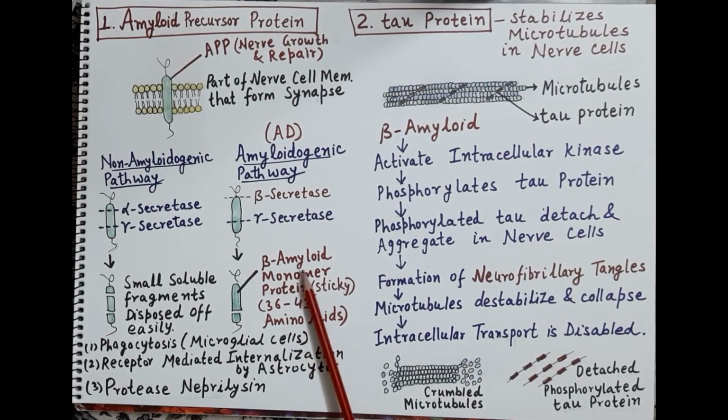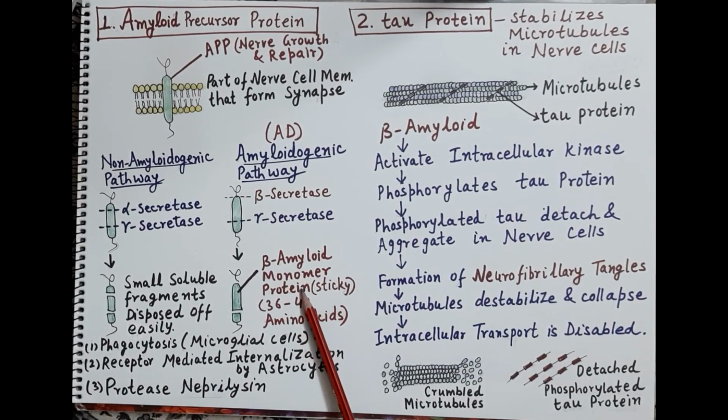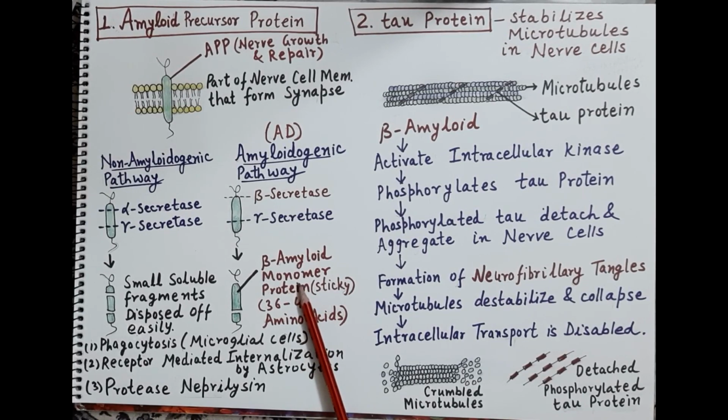Once it accumulates there, it aggregates and forms beta amyloid senile plaques, which block the neuronal junctions, disrupting neurotransmission, resulting in progressive neurodegeneration followed by neuronal death, which is one of the main causes of Alzheimer's disease.